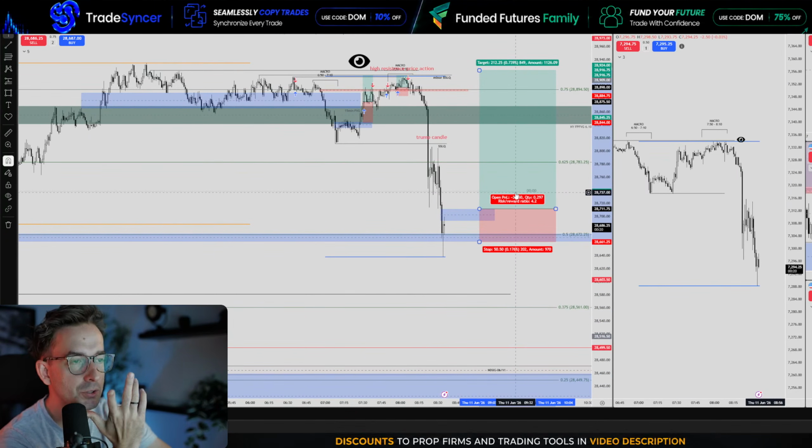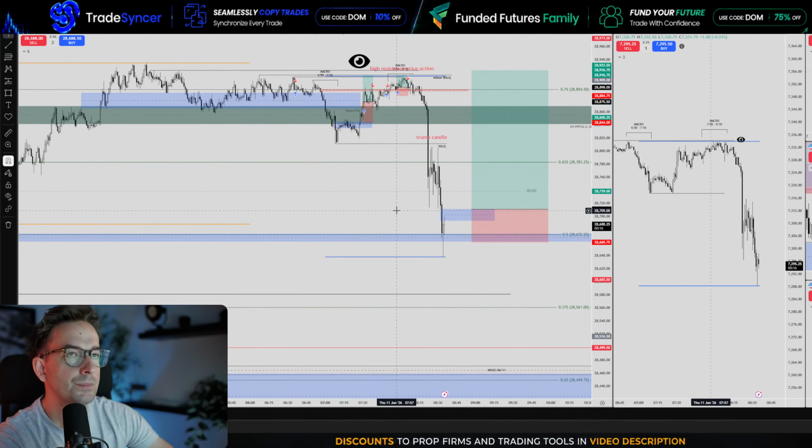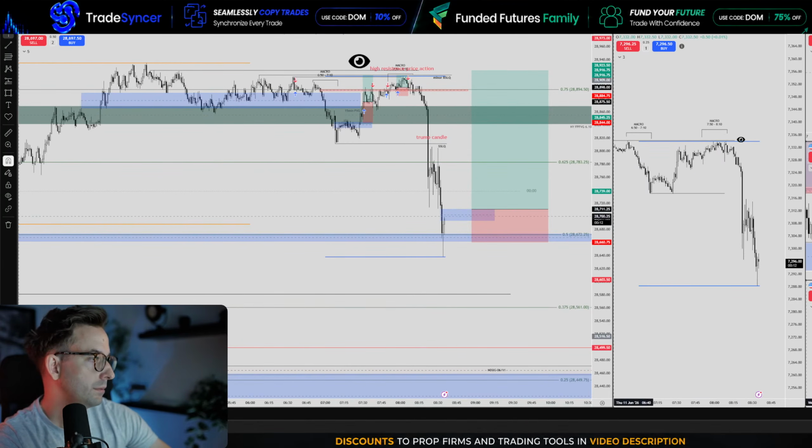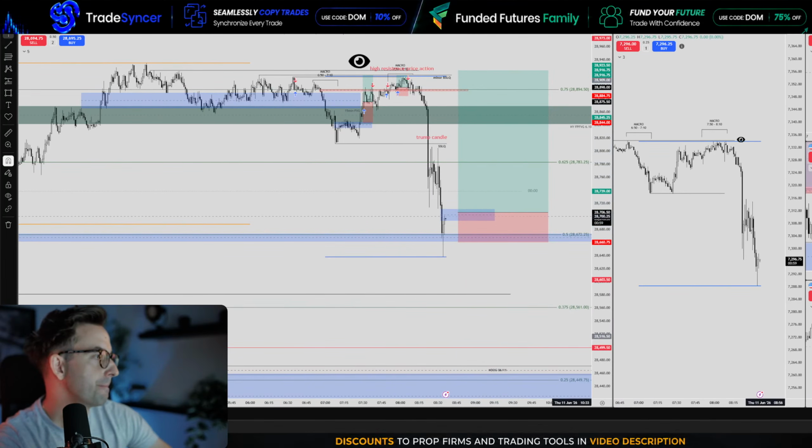So possible trade idea. I'll probably say it's a very high risk trade. But it just filled a 15-minute fair value gap, took out London lows, a 5-minute sell side liquidity here. It is in a discount.